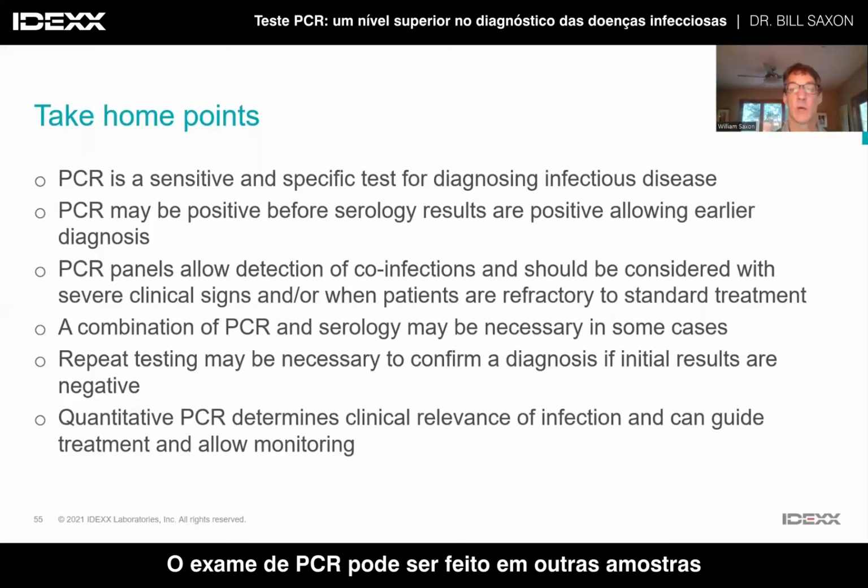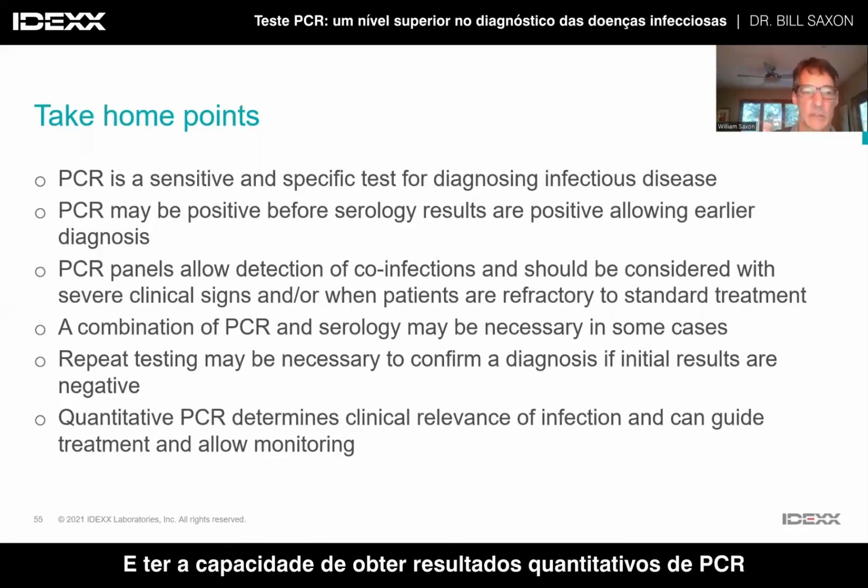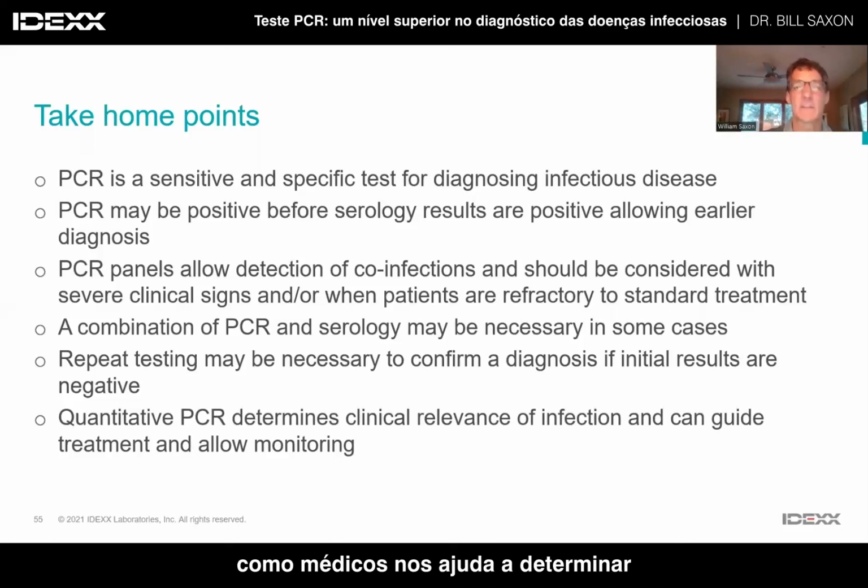PCR testing can be run on samples other than whole blood, which is the most common, as we discussed, and that's helpful in detecting infections that are not present in whole blood, which may be hiding in bone marrow, spleen, lymph nodes, etc. And having the ability to have quantitative PCR results really, as clinicians, helps us determine which patients need therapy and if our treatment's working.